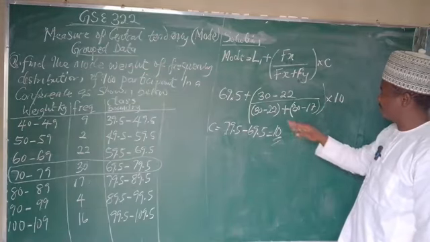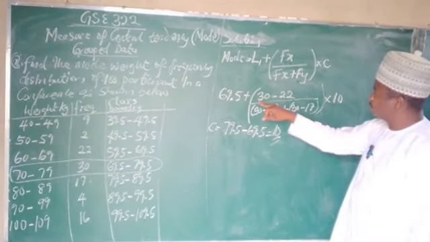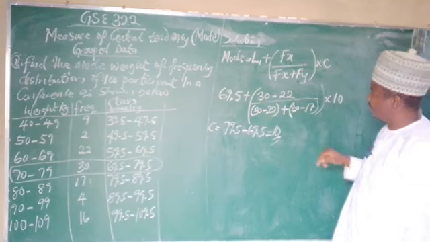So now we have mode, we have 30 minus 32.